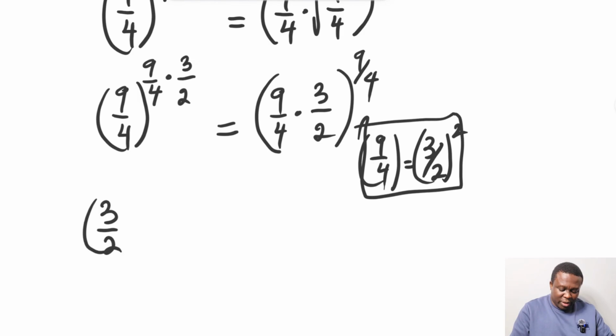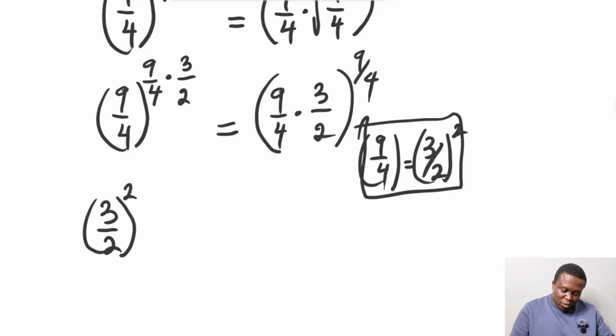Now the essence of doing this, most especially at the base, is to try to get the base to be the same so that we can equate the powers. If we get the bases to look the same and then the powers look the same, then the left-hand side is equal to the right-hand side. So let's go.